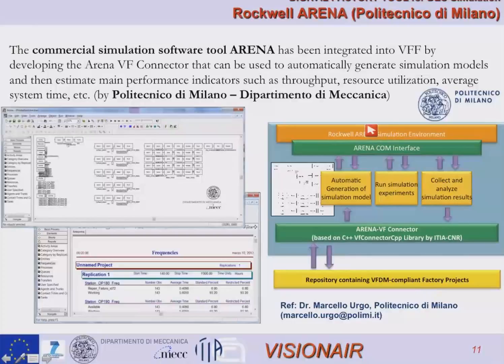Well, needless to say that we are able to do this automatic generation only for a specific set of production system architectures. So the transfer line is one of these because the routing is already predefined, and this is really important in order to be able to automatically generate, according to the script, a discrete event model of the system.